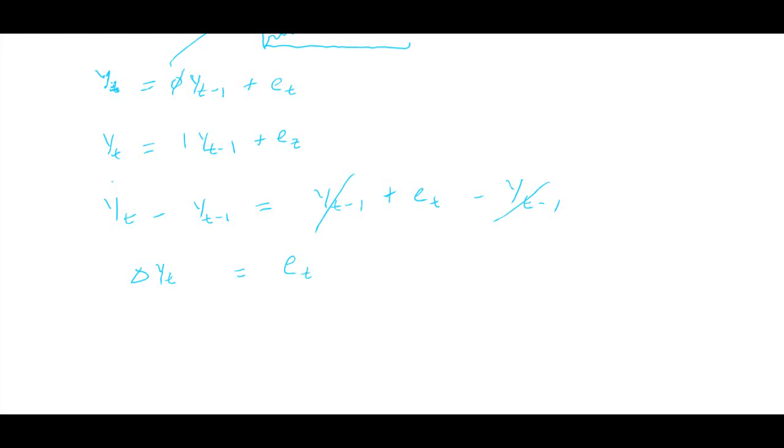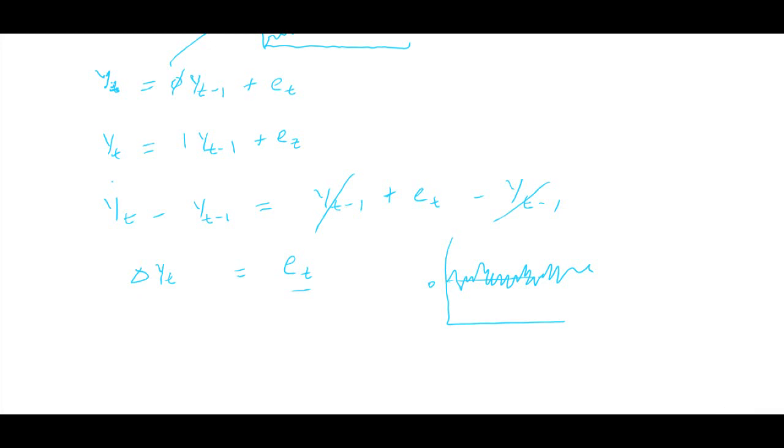Now you can see that the change in yt is purely random, and we know that et is a white noise process, which has a mean equal to 0, and its variation is random. So you can say that it has a mean of 0, and the values of the differenced series will move around this mean. So we have made the data stationary.